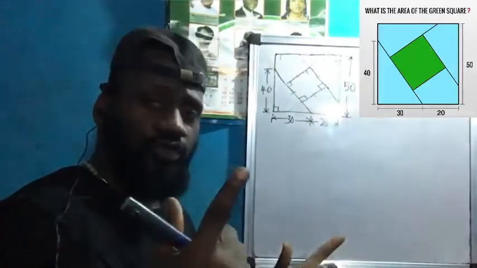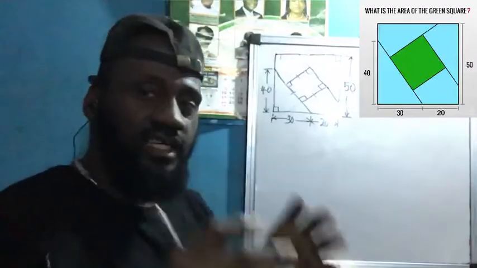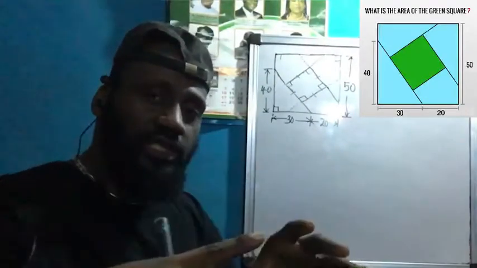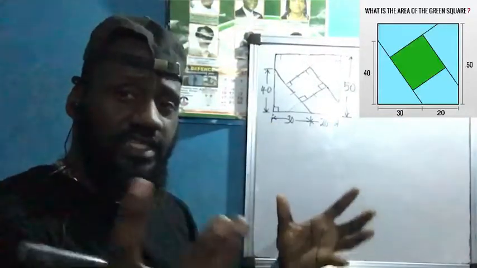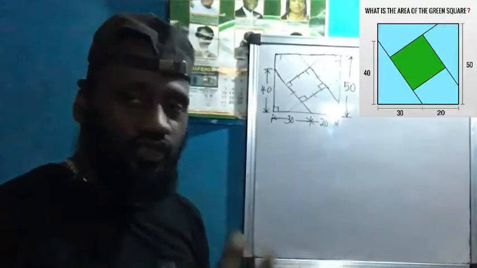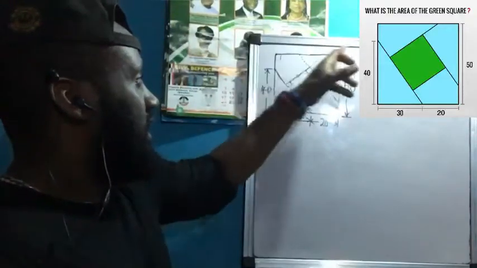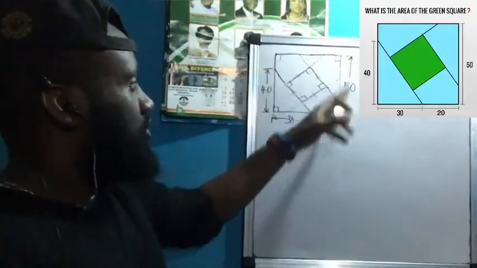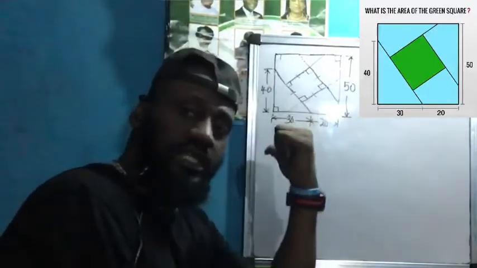Then something much more interesting is that this whole arrangement is such that the right angle triangles are embedded within a big square, having a smaller square with equal sides within them.